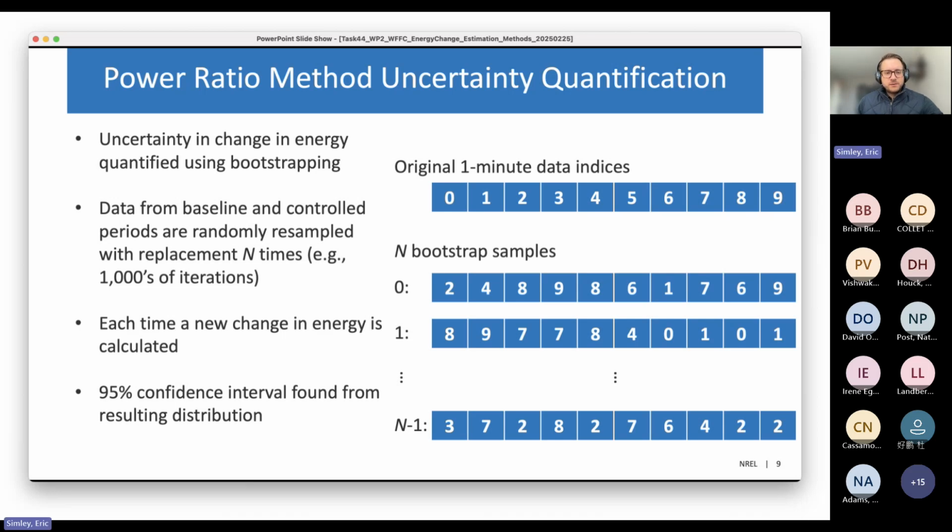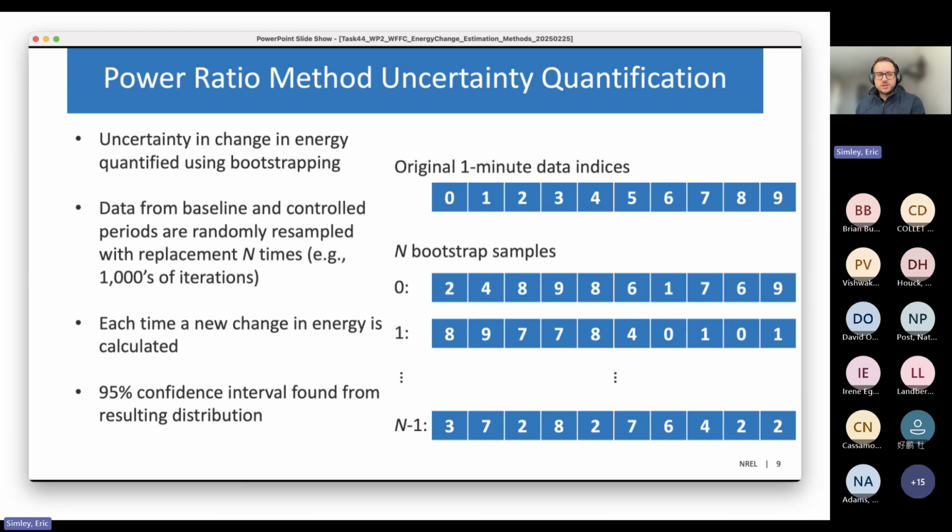Each time we resample the data, we'll estimate a new change in energy using that resampled data, and then we'll end up with a distribution of thousands of values of the change in energy. From that, we can determine confidence intervals or whatever metric we want to use for uncertainty quantification, but typically we've just been using the 95% confidence interval.